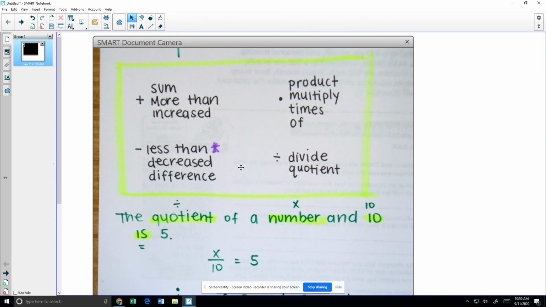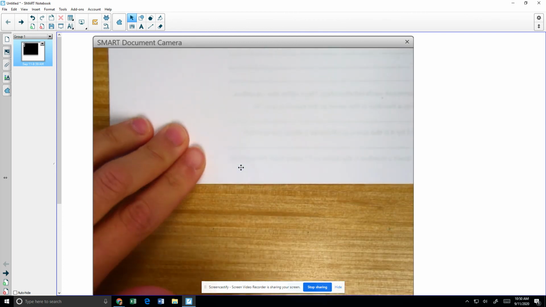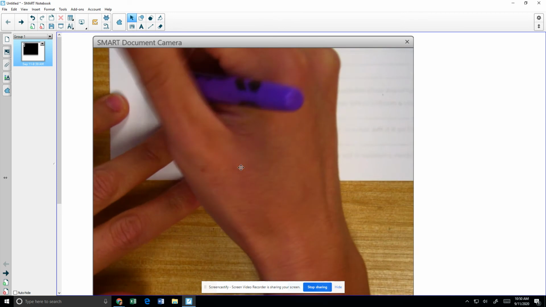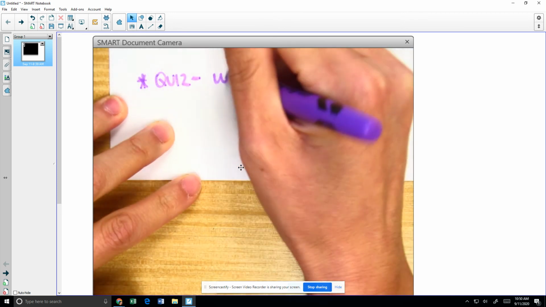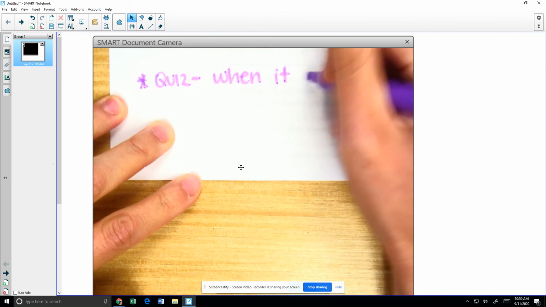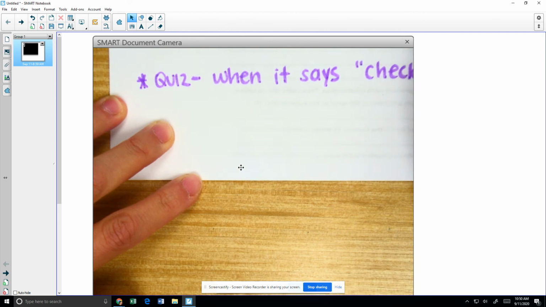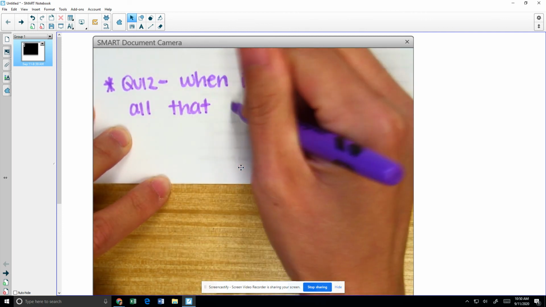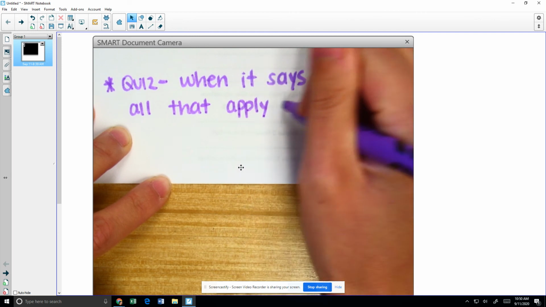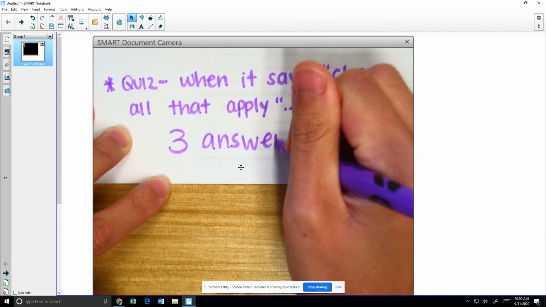One more thing that I want to hint at today. Okay, I'm going to write this down. So for those of you who don't hear me, you can see this. For today's quiz, when it says check all that apply, there's 3 answers, okay?